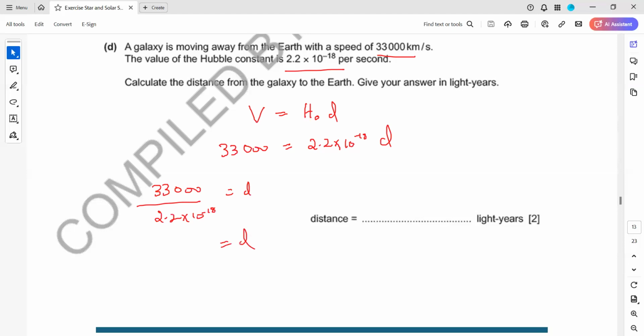This will give us the distance of the galaxy in kilometers, which is 1.5 times 10 to the power 22 kilometers. If we convert this distance into meters, we multiply by 1000, so this will become 1.5 times 10 to the power 15.